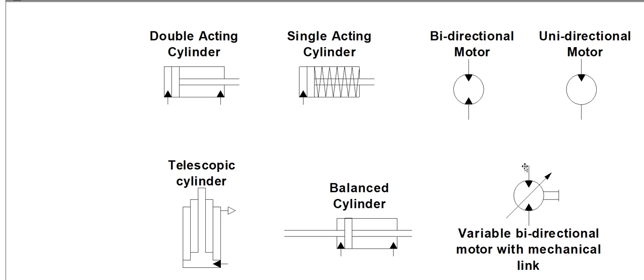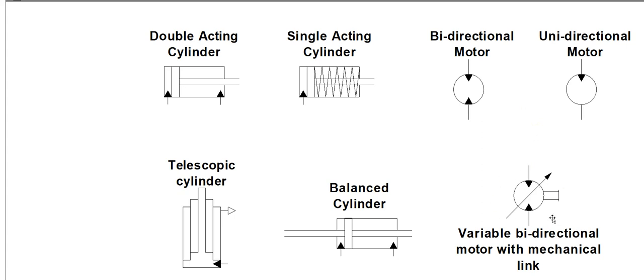There is, just like pumps, there's different types of motors. We can have a unidirectional motor, which means this motor only spins in one direction. Notice it's a circle and we have our solid arrow pointing inward, indicating that oil comes into the actuator. The other one here is a bidirectional motor. So we got two arrows showing us that this motor can spin one way or the other.